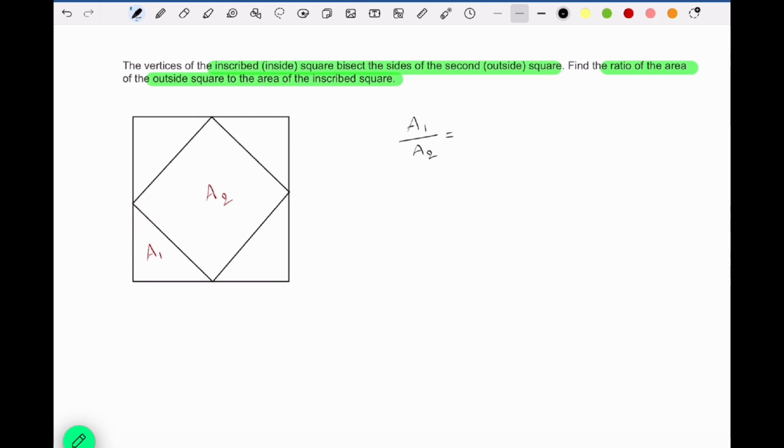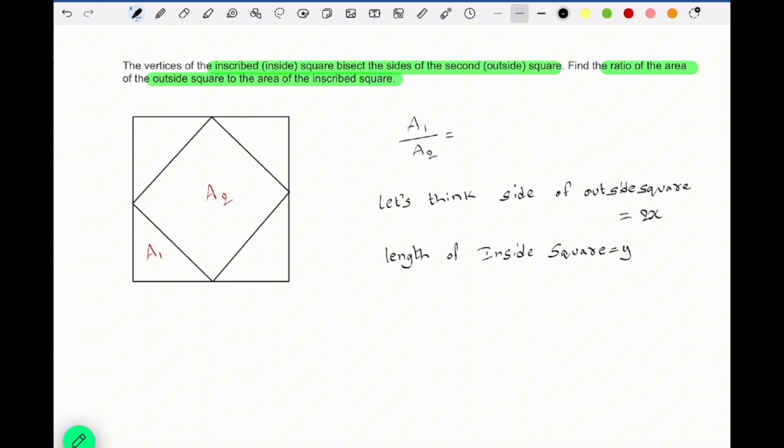The only information we have is the inside square bisects all the sides of the outside square. Let's think the side of the outside square is equal to 2x and the length of the inside square is y. So now area A1 over area A2 is equal to, we know the area of a square formula is side squared, so S1 square divided by S2 square.